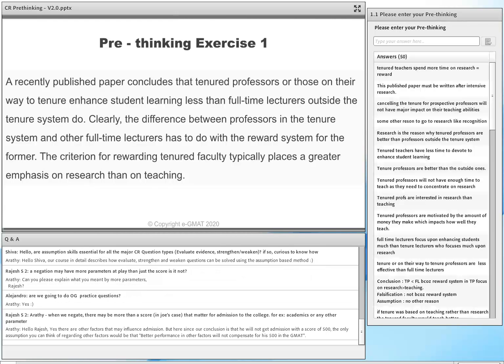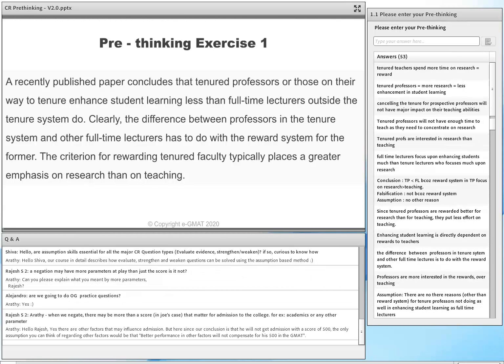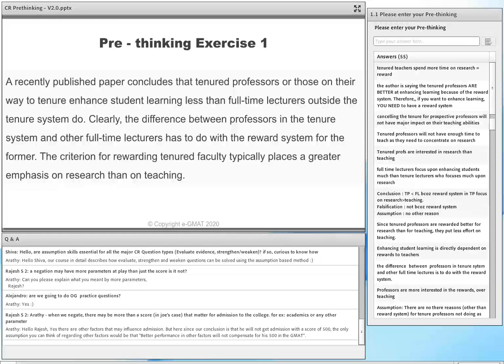Let me broadcast the results so you guys can read the assumptions that you guys are pre-thinking, the assumptions that you guys have come up with.